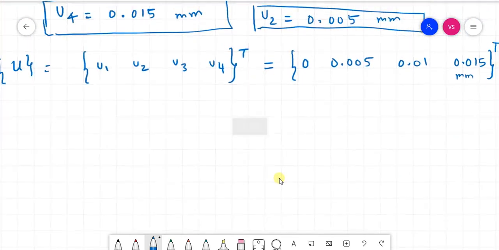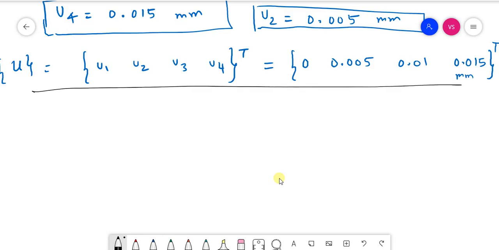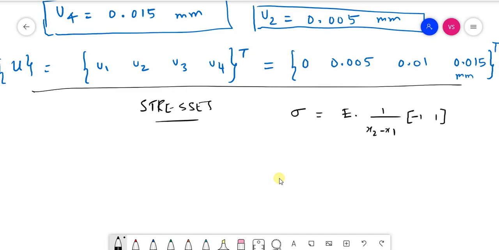This completes the displacement. Now to find the stresses, we know that this is the equation to find the stress in each element, that is sigma equals E B U. B is nothing but 1 over x2 minus x1 times minus 1 1. This is B and this is U, U1 U2.